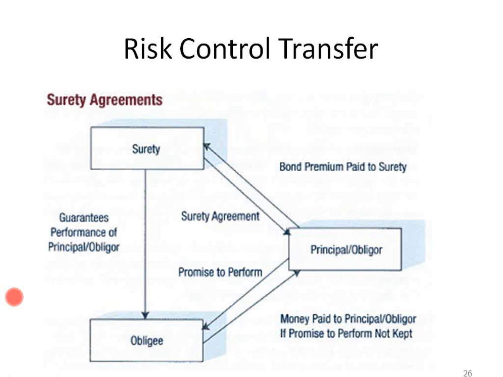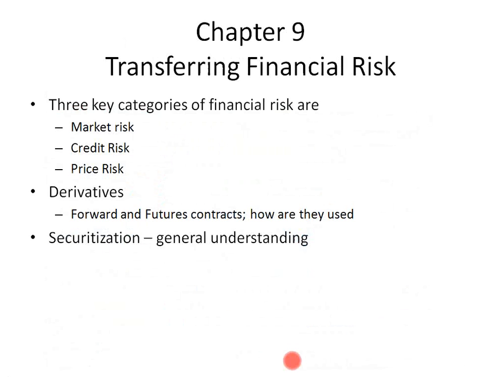But as far as who gets paid what in the event of non-performance, if performance is not kept, the money will go back to the obligee. The promise to perform is also to the obligee. The principal will pay the bond premium to get the surety, and the surety is what's going to guarantee performance.